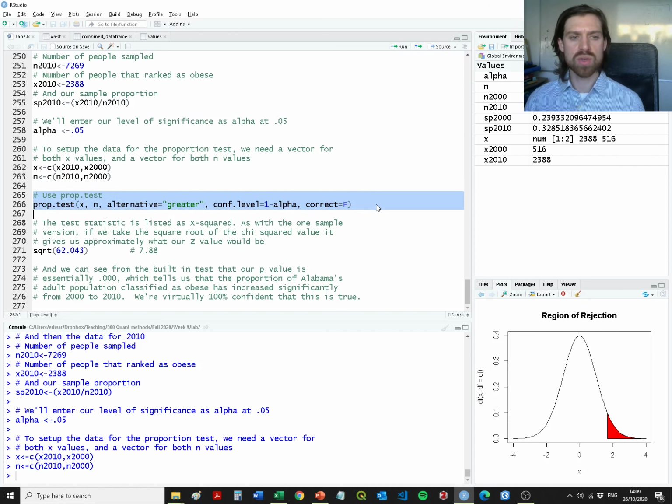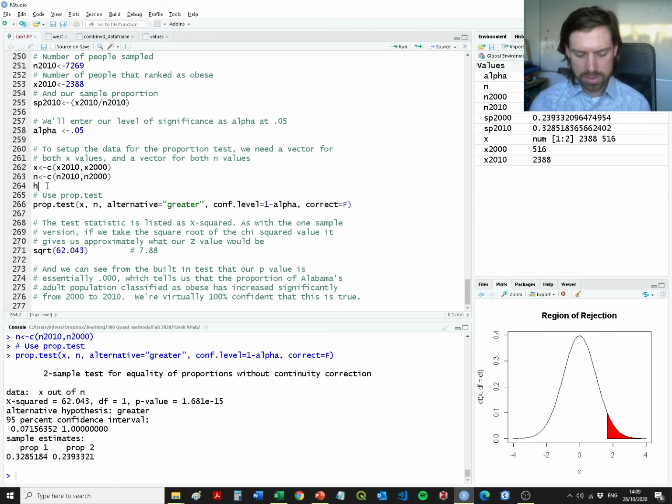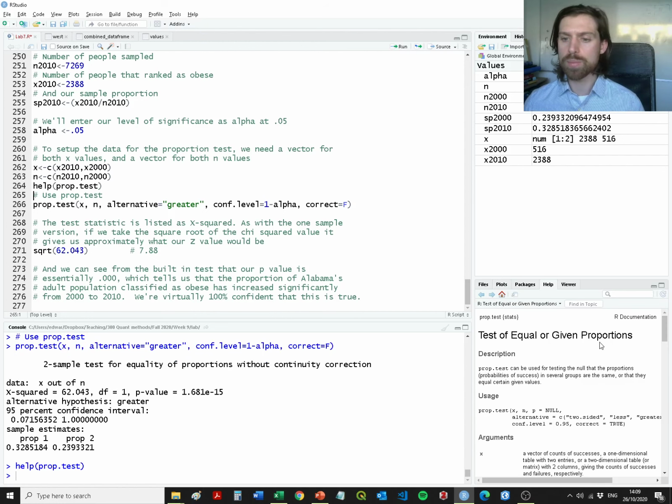Now I'm going to run this test. So we're going to use the inbuilt prop test. You're able to read up on the background of this particular function. If you aren't familiar with it, you can type the usual help entry and go into the R help menu to get that information, and then you can actually run it.